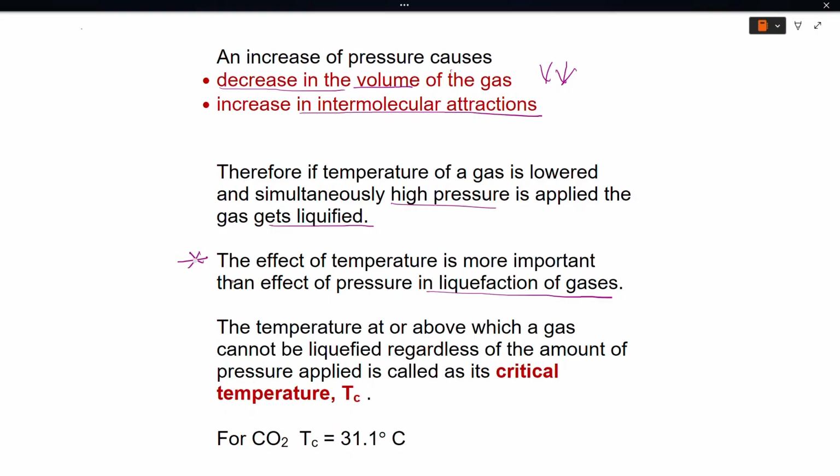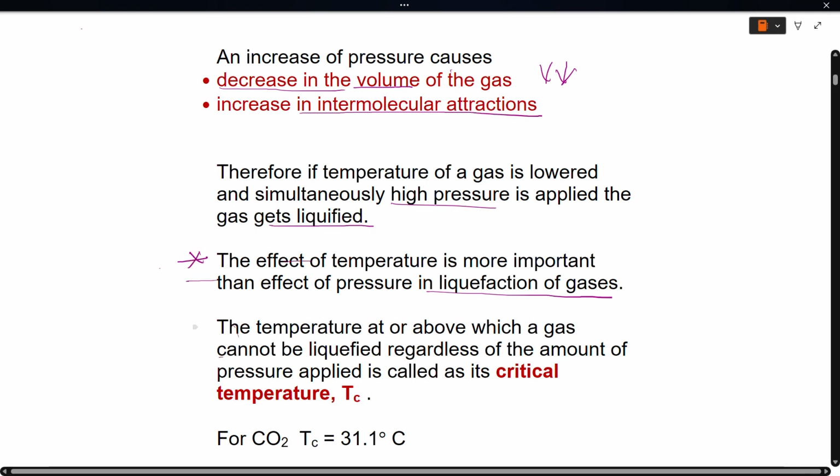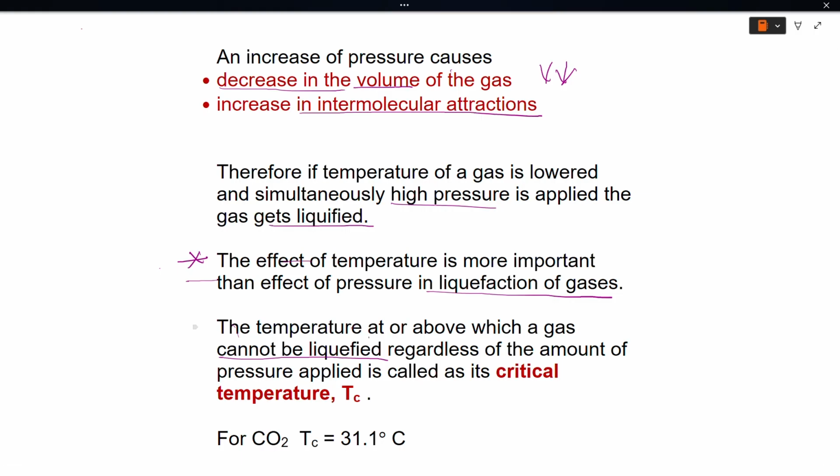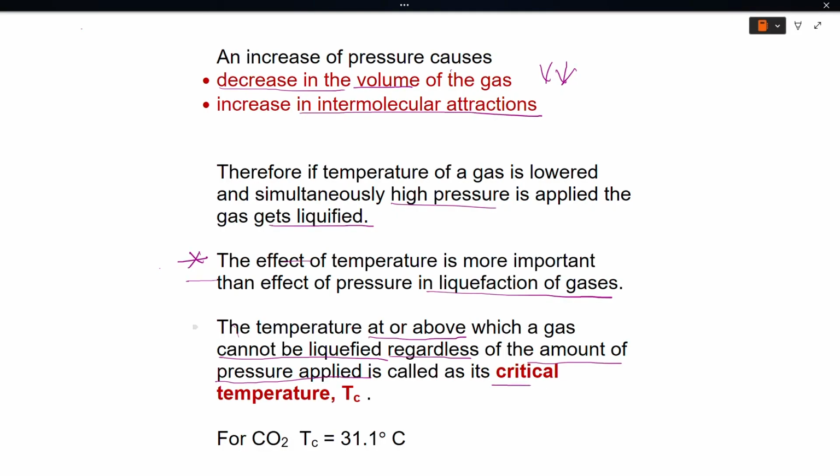By definition, it is the temperature at or above which a gas cannot be liquefied regardless of the amount of pressure applied. Even if you apply very high pressures, the gas will never get liquefied. This temperature is denoted as Tc, T with a subscript small c.